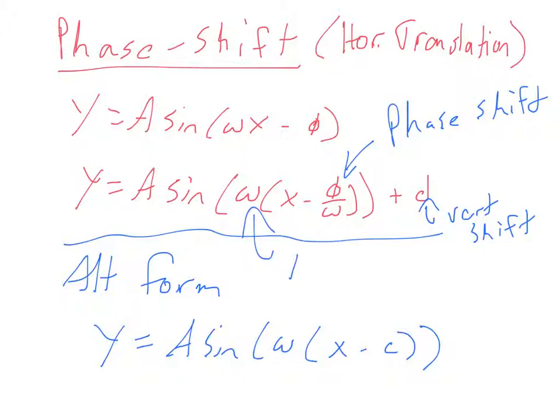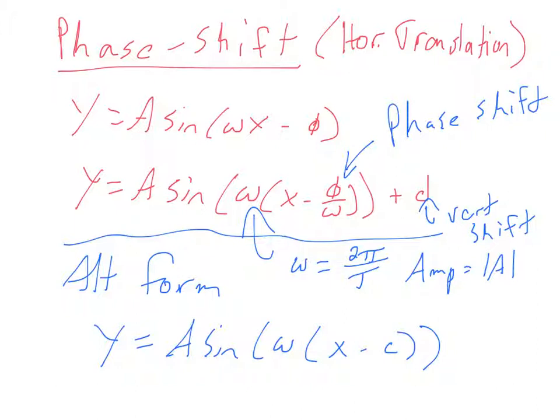Omega results from whatever our period is, so omega is just equal to 2 pi divided by the period, right? And our amplitude, just as before, is equal to the absolute value of a. So we have our vertical shift, our phase shift, our omega, which results in our new period, and our amplitude comes from the absolute value of a.